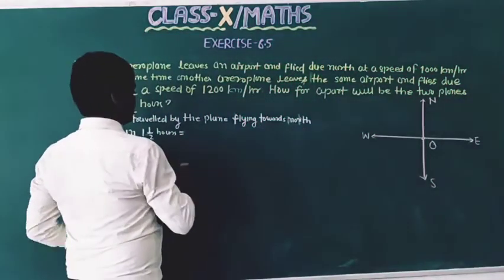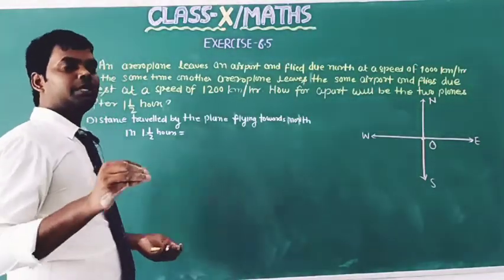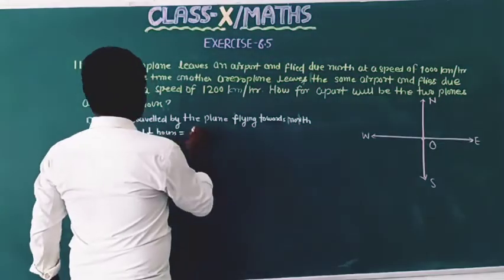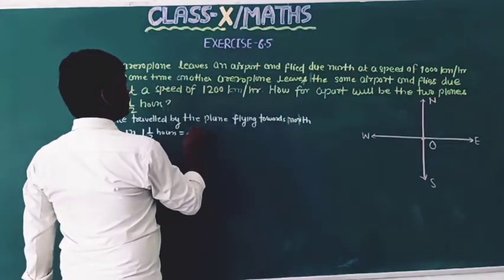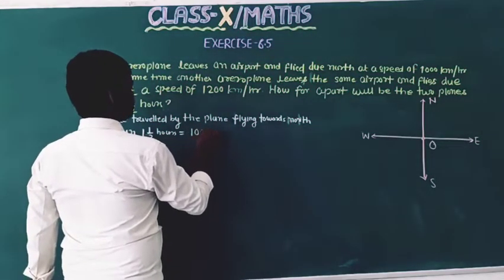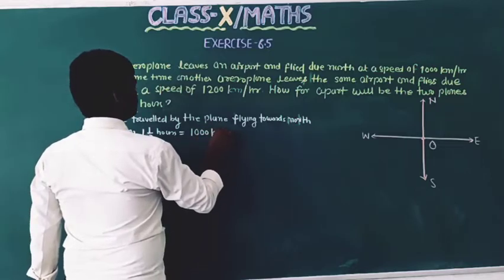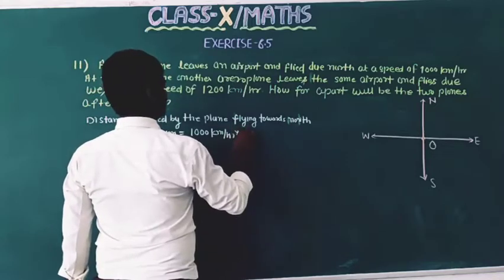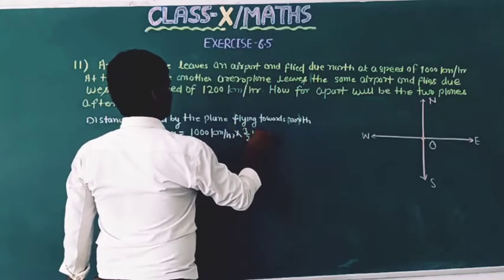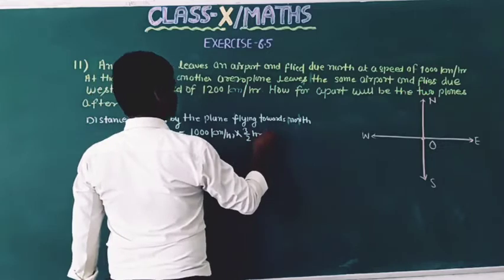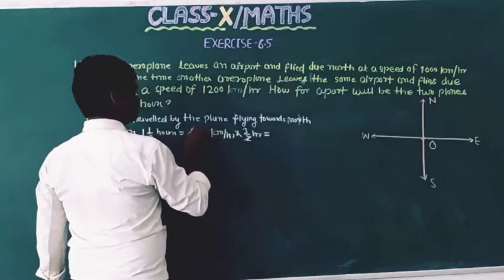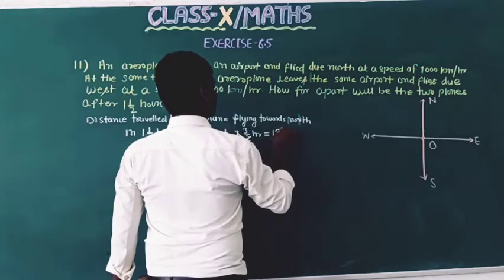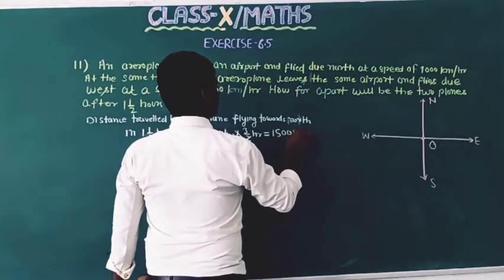As we know, speed equals distance upon time, then distance equals speed into time. So speed is given, this is 1000 km/h, and time, this is 3/2 hours, equal to 1500 kilometer.